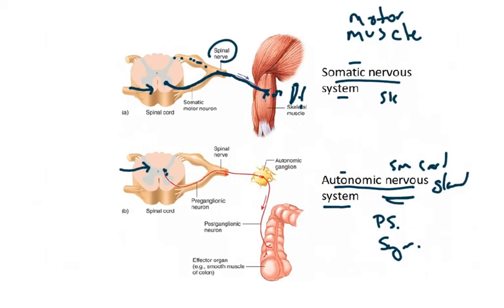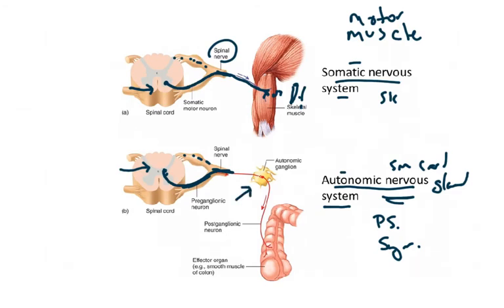So it's positioned a little bit differently for the cell body, but then its axon still exits the spinal cord via the motor root. So that's the same because it's part of the motor division. And then those axons will join with other axons, the sensory axons, at the spinal nerve. So that's kind of the same. The axons are still within a spinal nerve. But then our first difference is right here.